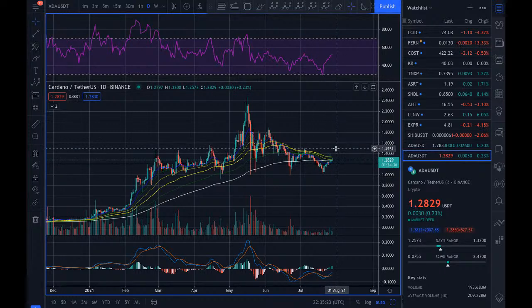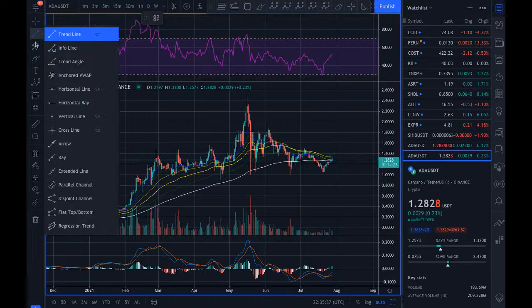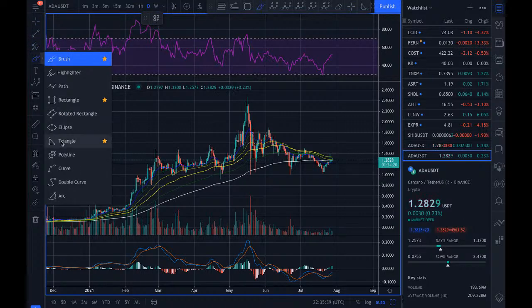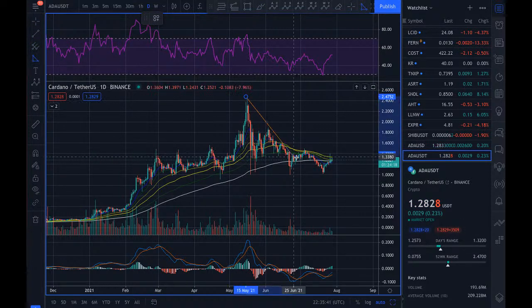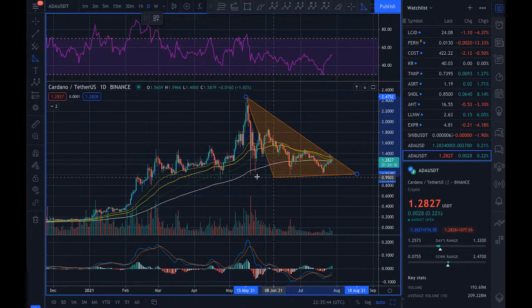So I would expect if that does pop up to like $1.50-ish, $1.40 something, then it might go back down. Or is this a triangle?